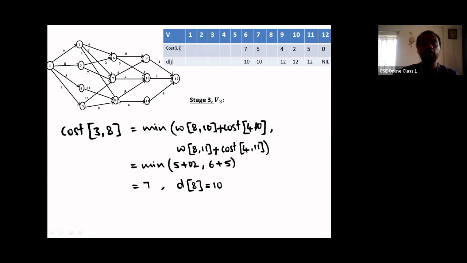So 8 to 10 is 5, plus shortest path from stage 4 vertex 10, which is 2. So 5 plus 2. And same way, 8 to 11 is 6 plus shortest path from vertex 11 to sink, which is 5. So therefore, cost of 3, 8 becomes 7, and its direction is via vertex 10.